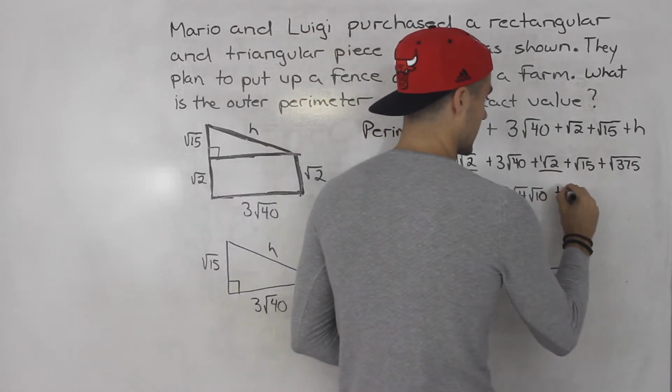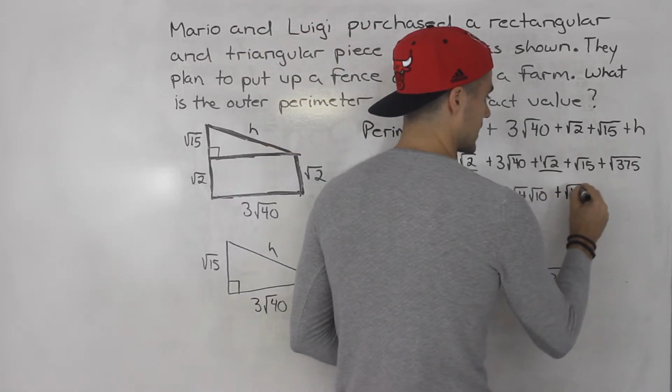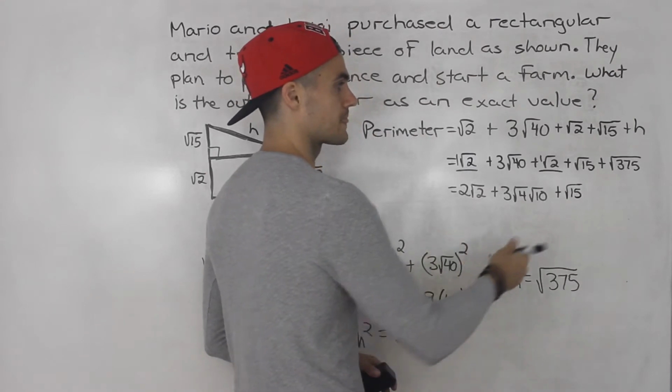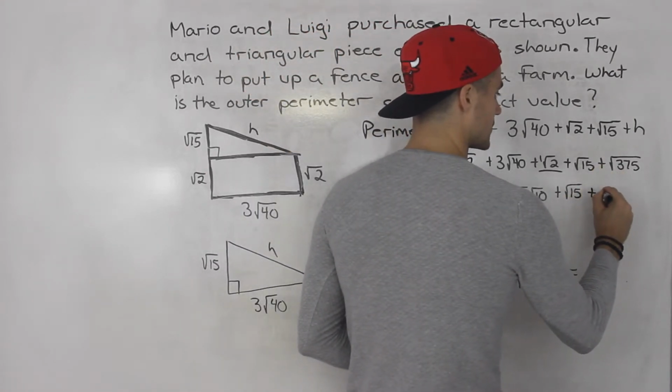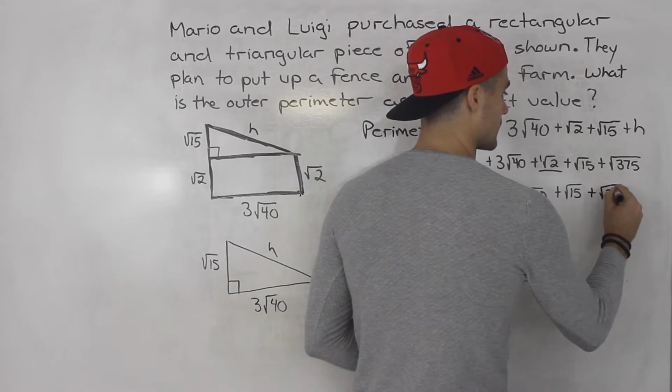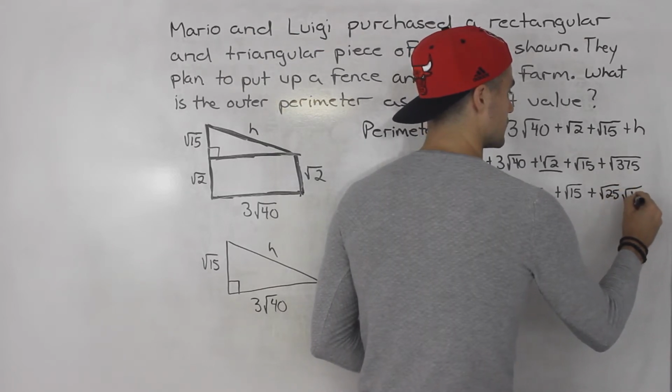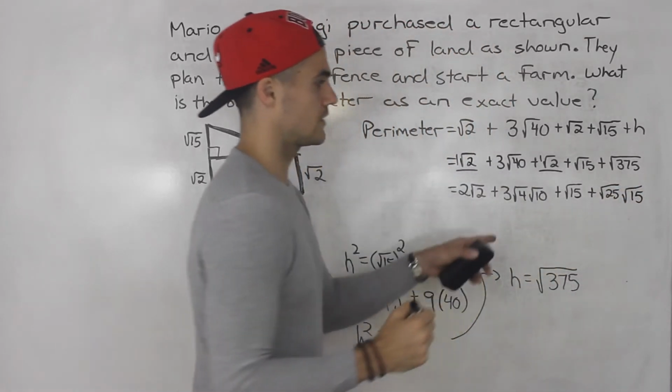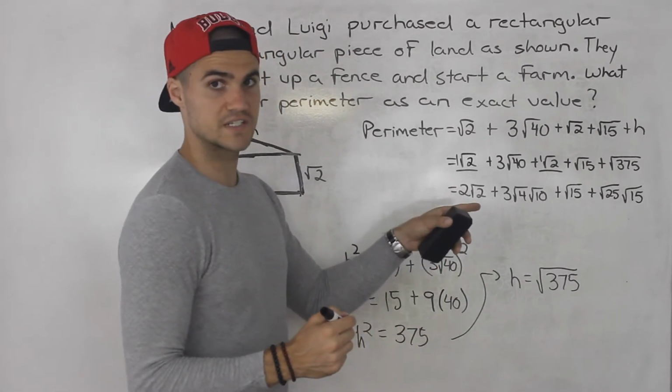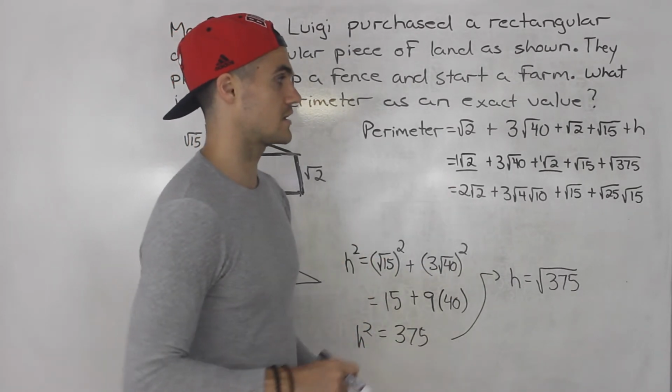Root 15, we can't really do anything with that, can't split it into any rootable numbers. And root 375, we can split up into root 25 times root 15, since 25 times 15 gives us 375.